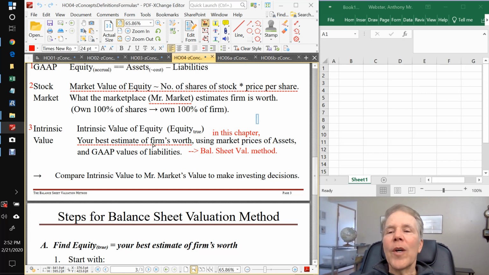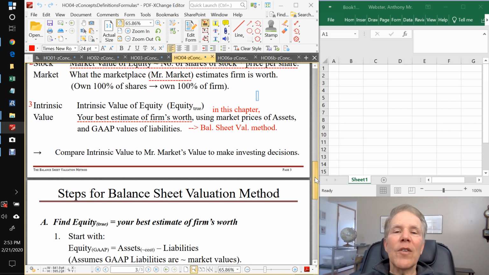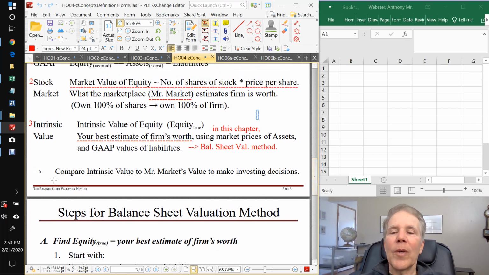We're going to find other ways to get intrinsic value estimates of a firm's worth as we progress through the term. And in general, this will always be true. We, as an erstwhile investor, compare our estimate of intrinsic value, or true value.